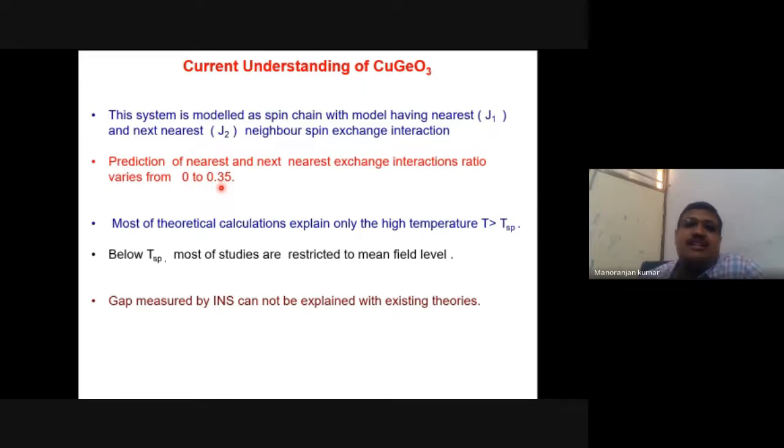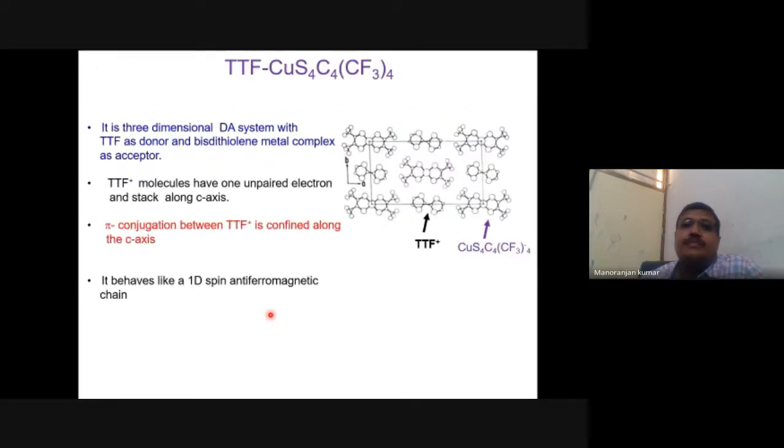Various theories have predicted from 0.2 to 0.35. Most theoretical calculations explain only the high temperature data. The low temperature regime below the spin spiral transition is mostly restricted to the mean field level. The gap measured by inelastic neutron scattering has not been explained by these theories.